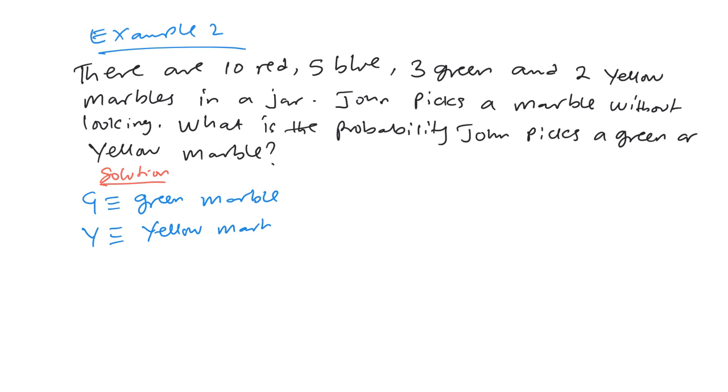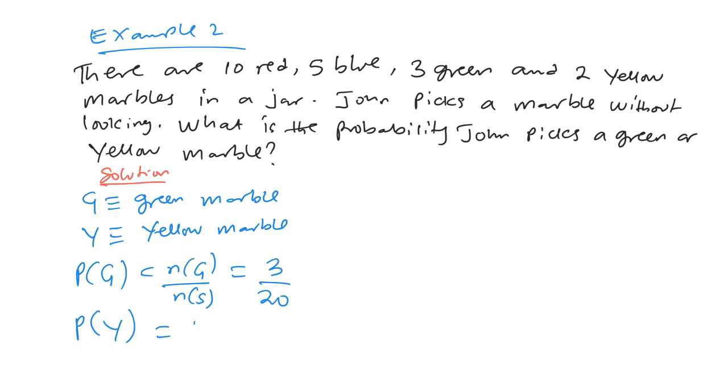Now, the probability of picking green will be simply the number of green over the number in the sample space. The green marbles, when you check, are 3 out of 10 plus 5, that's 15, plus 3, 18, plus 2, 20. Then the probability of yellow is 2 out of 20.